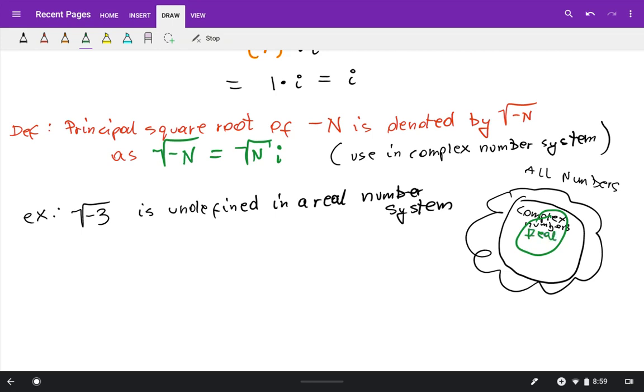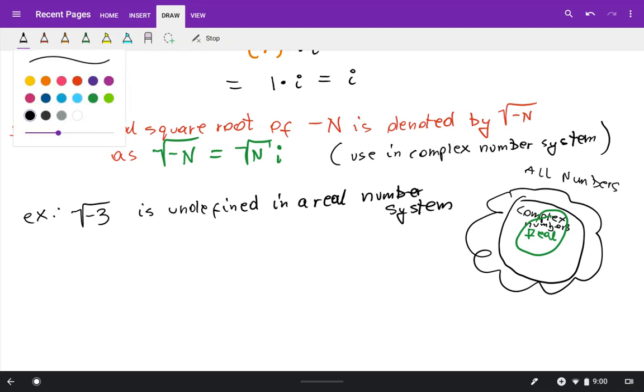Don't forget that the complex number system has a real part and an imaginary part, so the complex number system is bigger than the real number system. Then rational numbers, I'm sorry, rational numbers.